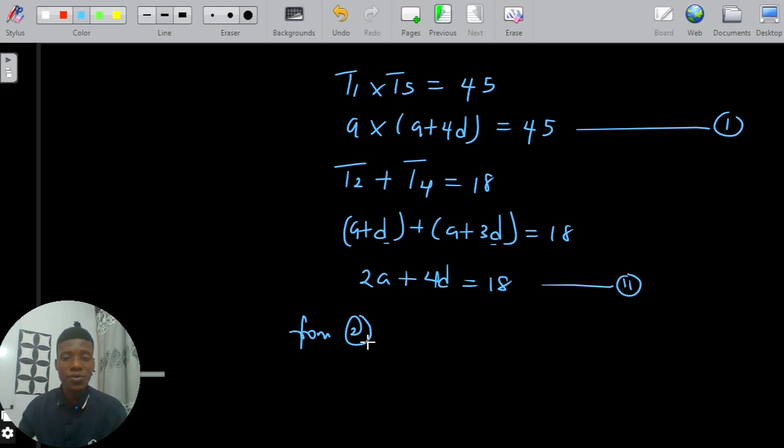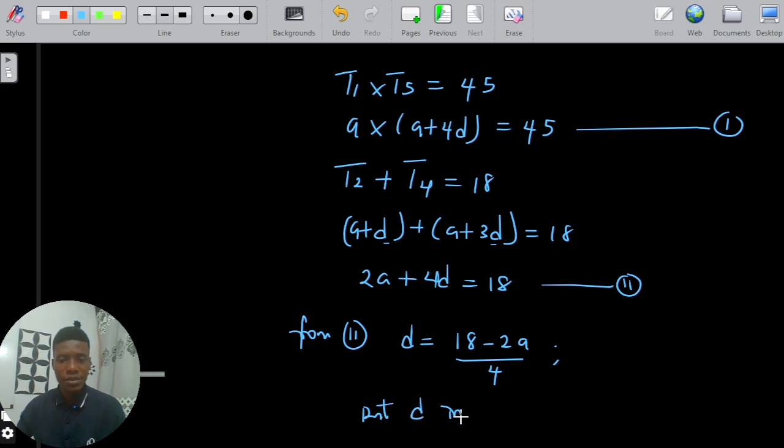From equation 2, when we make d the subject of the formula, d is the same thing as (18 minus 2a) over 4. So the value of d is (18 minus 2a) over 4. Therefore, let us put this d into equation 1.